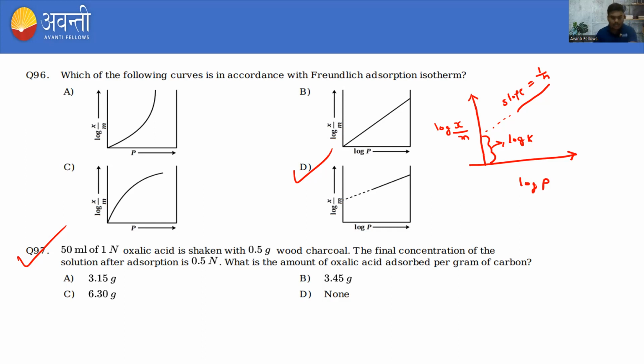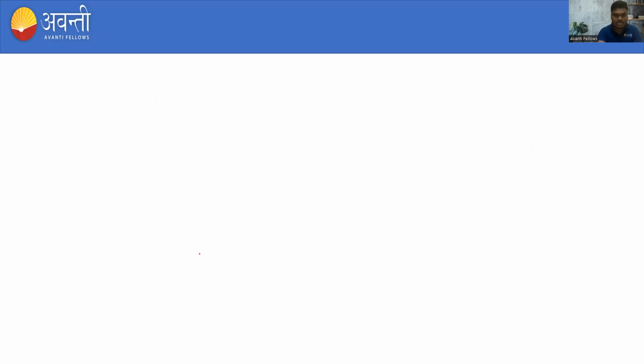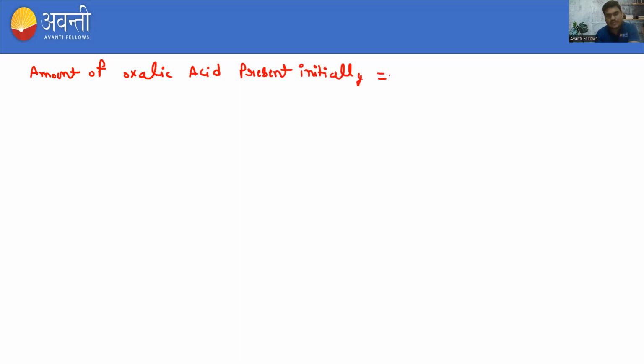So let me explain this. The amount of oxalic acid present initially. Let me solve this on the next page. So the amount of oxalic acid present initially is equal to N multiplied by equivalent weight into volume.